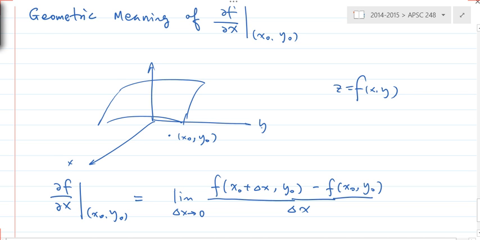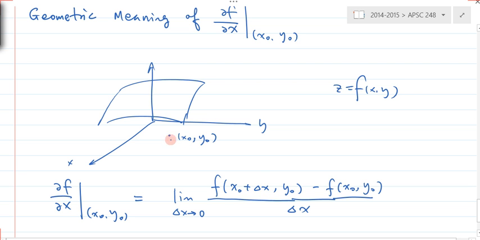Okay, let's examine this definition again. When we look at the definition, this function minus this function, or this value minus this value, what has not changed? y naught. So you have a constant y naught here that's not changed. And what is changing? You are increasing x naught by delta x.